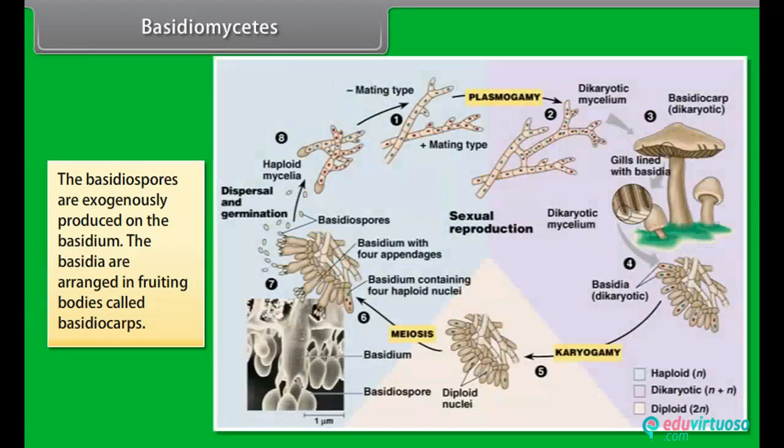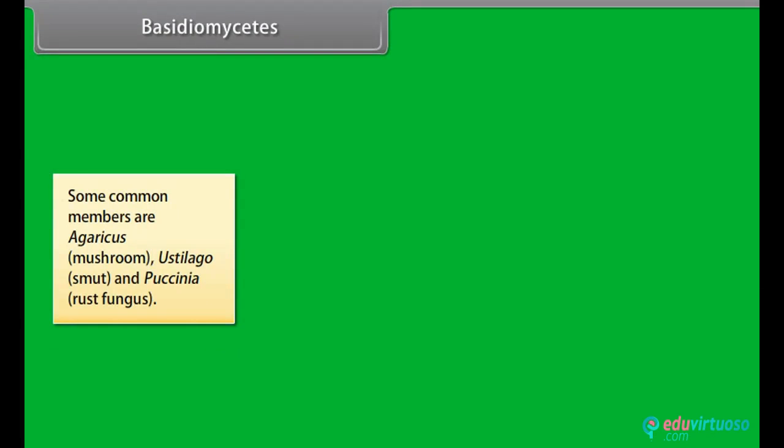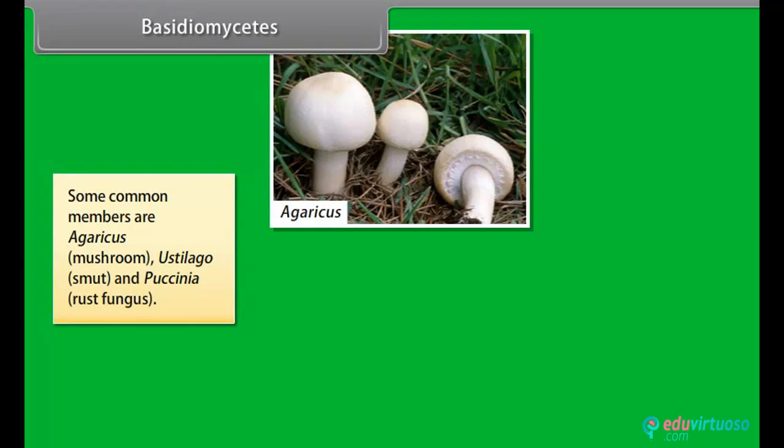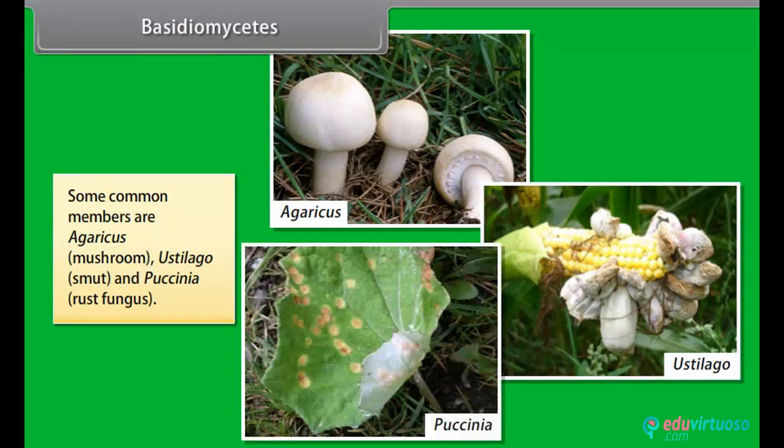The basidiospores are exogenously produced on the basidium. The basidia are arranged in fruiting bodies called basidiocarps. Some common members are Agaricus, mushroom, Ustilago, smut, and Puccinia, rust fungus.